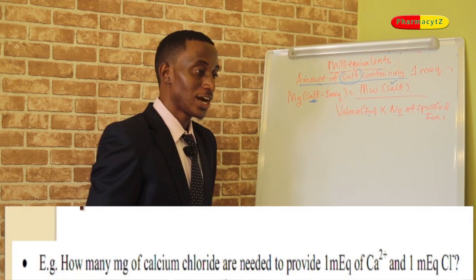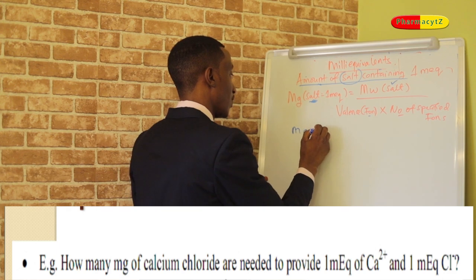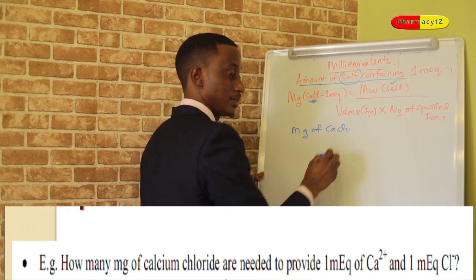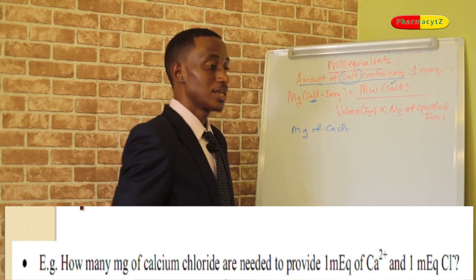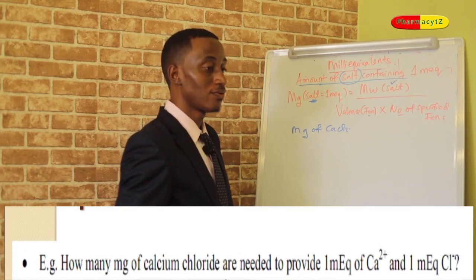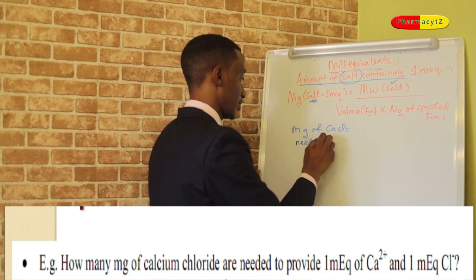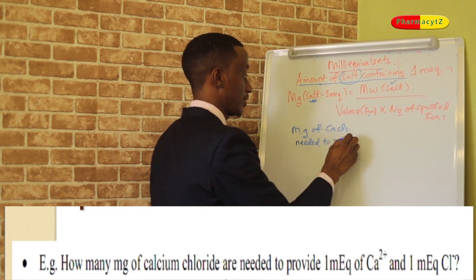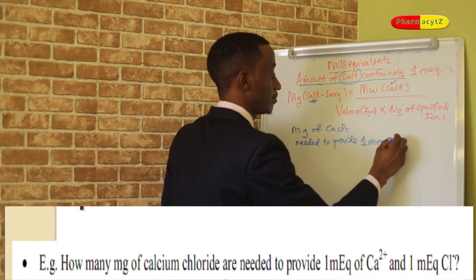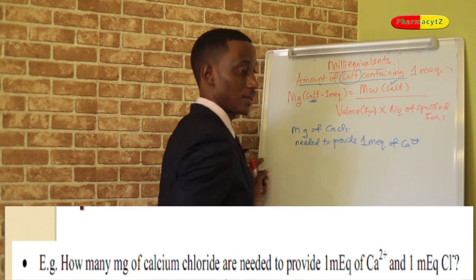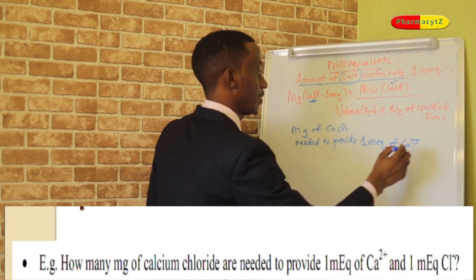How many milligrams of calcium chloride are needed to provide 1 MEQ of calcium and 1 MEQ of chlorine?